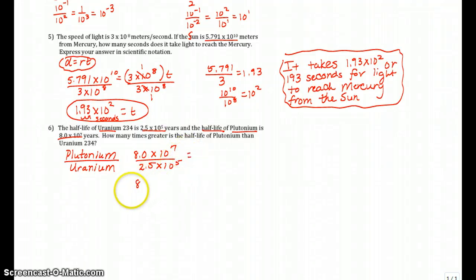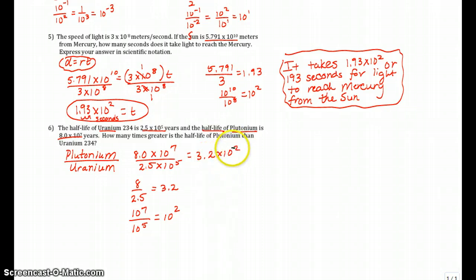So 8 divided by 2.5 equals 3.2. 10 to the 7th divided by 10 to the 5th. You have more in the numerator, so it's going to be 10 to the second, so it's 3.2 times 10 to the second, and that's times greater.